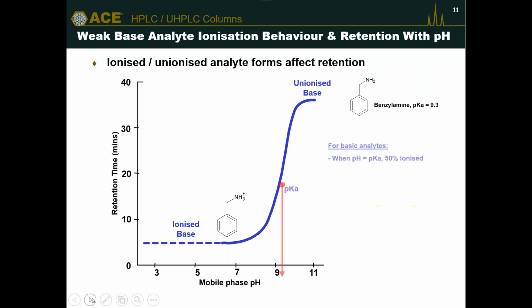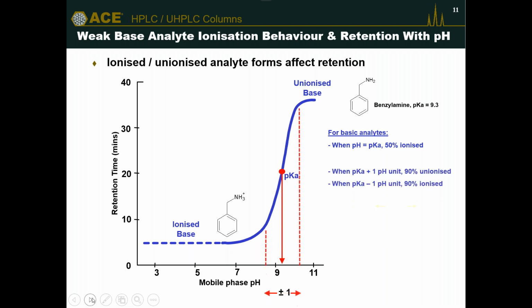So you can see it's got a pKa value of 9.3. This would not be a good pH to work at. This would not be the best pH for you to choose for your method development, because very small changes in that pH mean very significant changes in your retention time if you look at that slope.